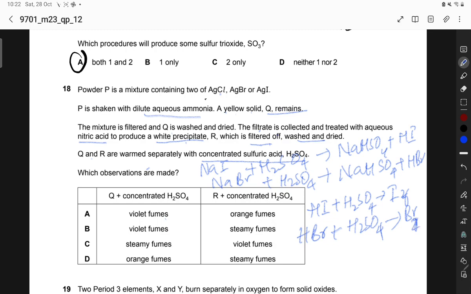Iodine has violet fumes, and bromine has orange fumes. So these are the observations of these reactions. Other products are always produced in this reaction along with iodine and bromine in the form of gases. So option A is correct for this question.